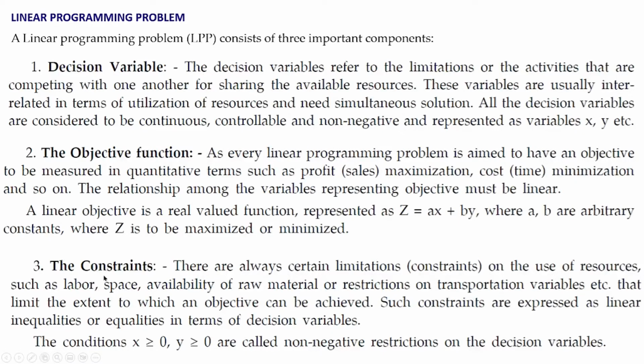These constraints are expressed as inequalities or equalities in terms of the decision variables x and y. The constraints x greater than or equal to 0, y greater than or equal to 0, are called the non-negative restrictions on the decision variable. So these are the three important components of a linear programming problem.